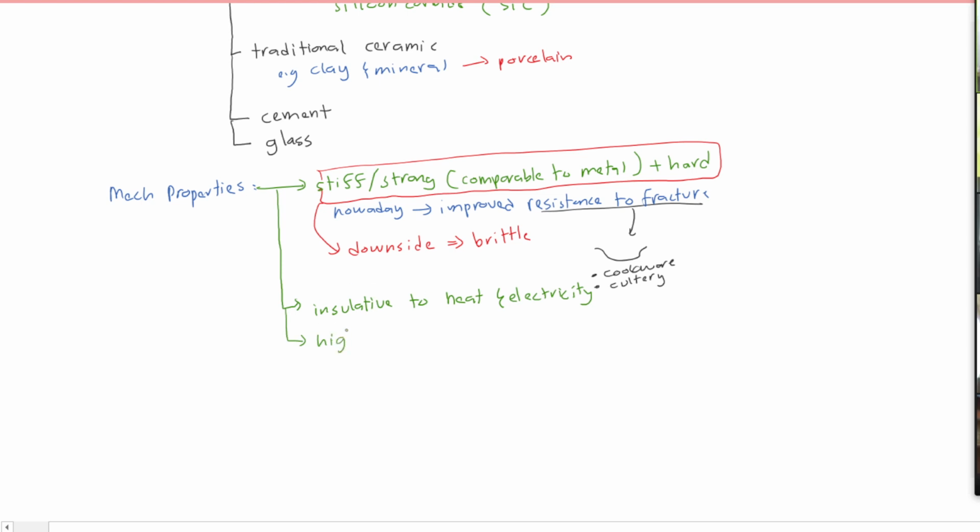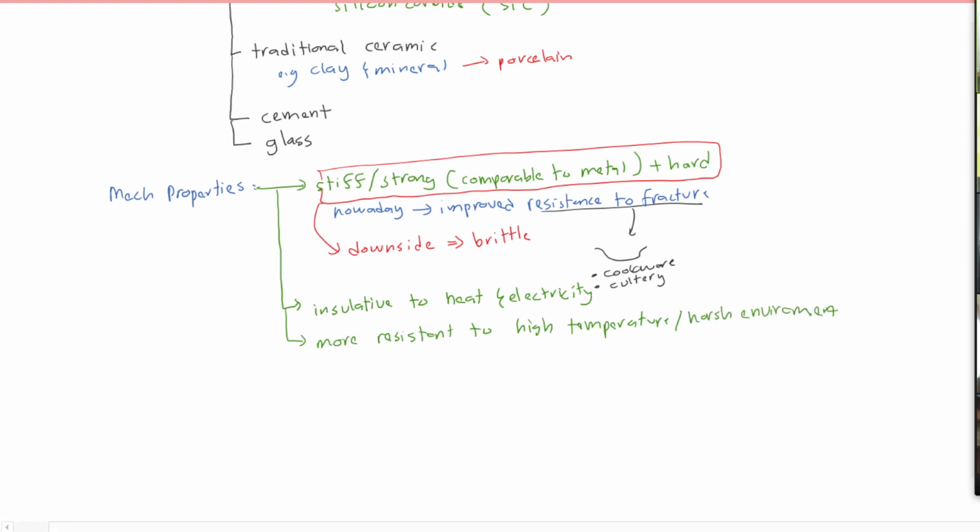So it's more resistant to high temperature. Not only temperature, it's also more resistant to harsh environments, for example chemicals and so on. It has chemical inertness, and also resists harsh environments.